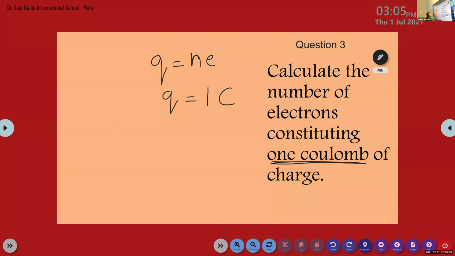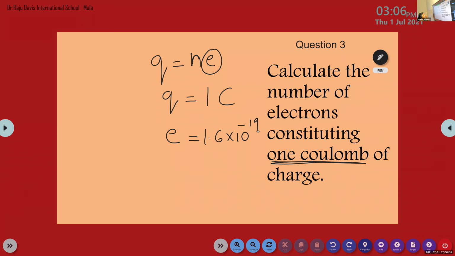And we know the value of E. What does E represent? Small letter e represents the charge of an electron. What's its value? 1.6 into 10 raised to negative 19.